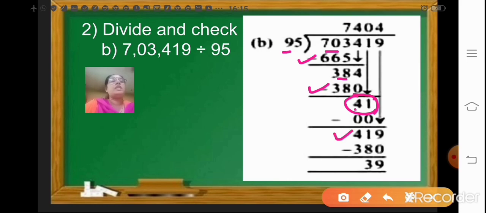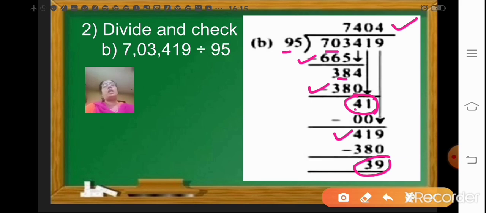Now your number is 419. Okay, so 95 4 times will give you 380. So when you subtract 380 from 419, you will get the remainder as 39. So when you divide 7,03,419, your quotient is 7,404 and your remainder is 39.